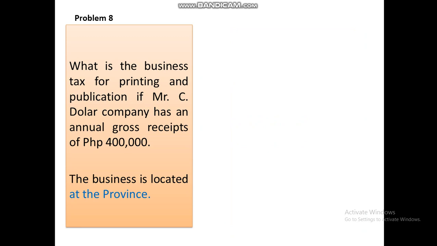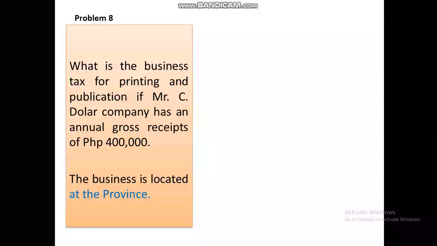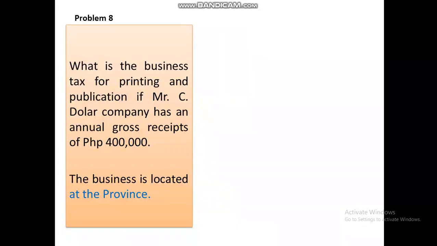How about this problem 8? What is the business tax for printing and publication if Mr. C. Dollar Company has an annual gross receipts of 400,000? The question is, if the business is located at the province, then this 400,000 happened, example, nagbabayad po siya ng this year 2022, yung 400,000 niya ay gross receipt niya last year, preceding calendar year.